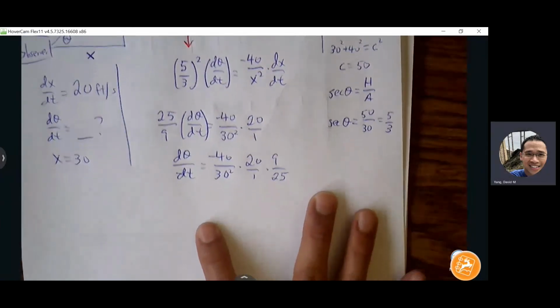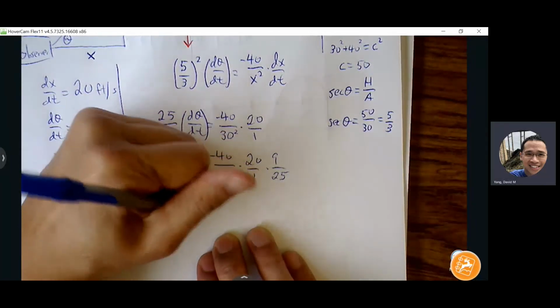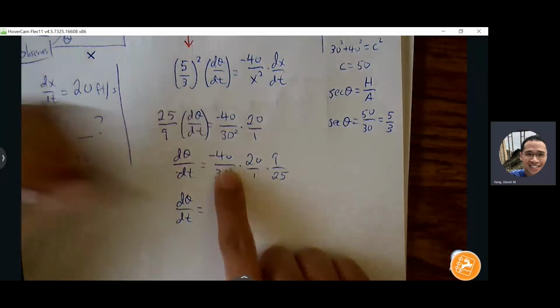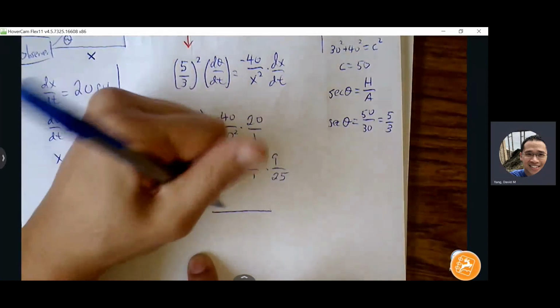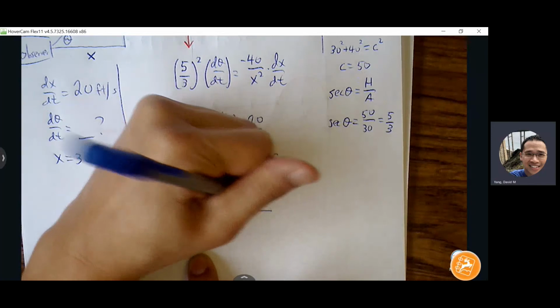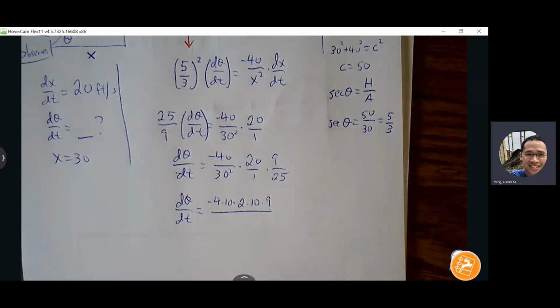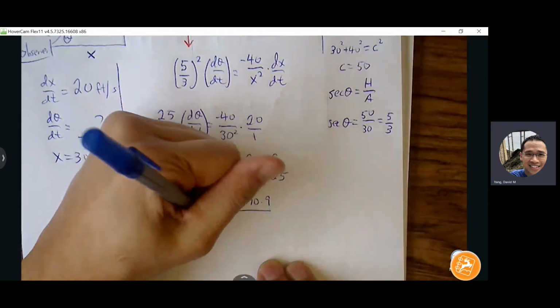Okay, this looks difficult to clean up without a calculator, but if I just break everything down in terms of easier numbers, right, I can think of negative 40 as negative 4 times 10, 20 as 2 times 10, 30 squared, that's 30 times 30. I can break 30 down into 3 times 10, 3 times 10. Just makes it easier.